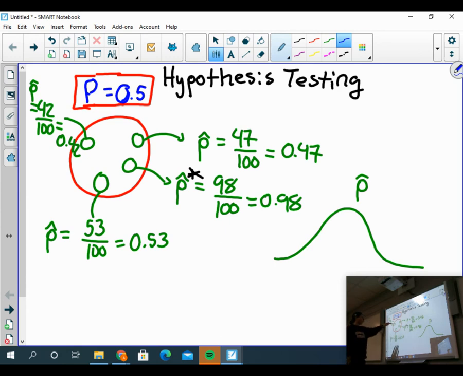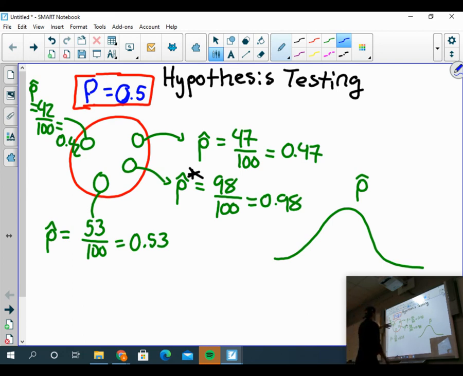Okay? The first 3 times we played the game, you're not thinking at all about questioning the traditionally held idea that 50% of the time I flip this coin, it's going to be heads. But the minute I get 98 heads, you all of a sudden are going, wait, that coin's not fair. There's no way the probability of getting heads is 50%.